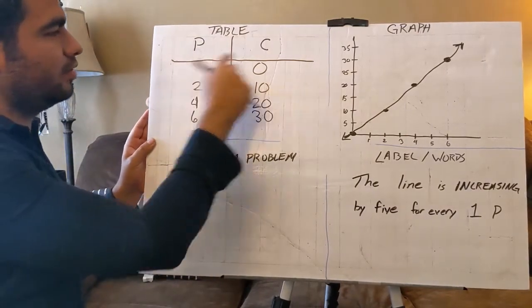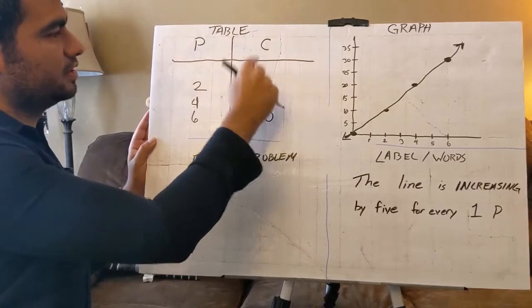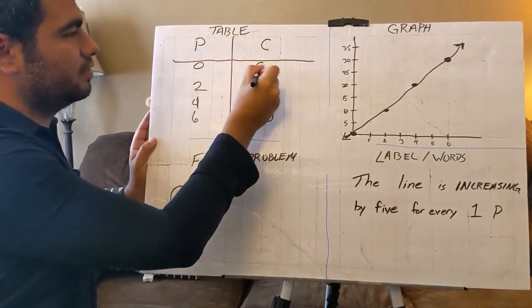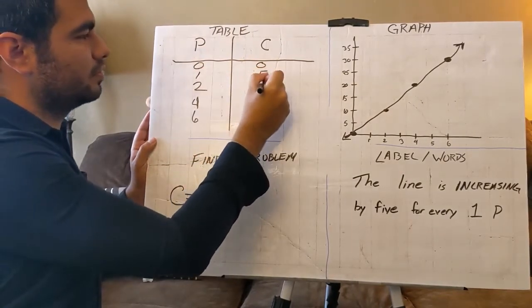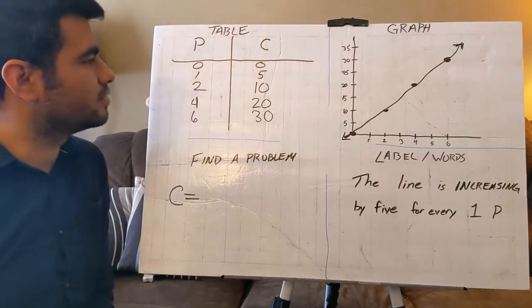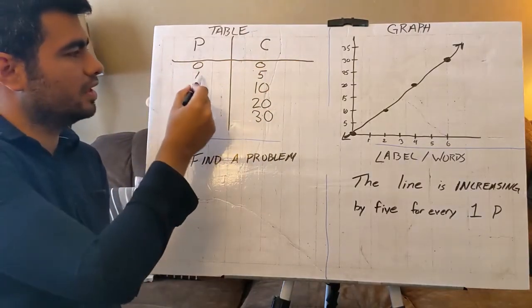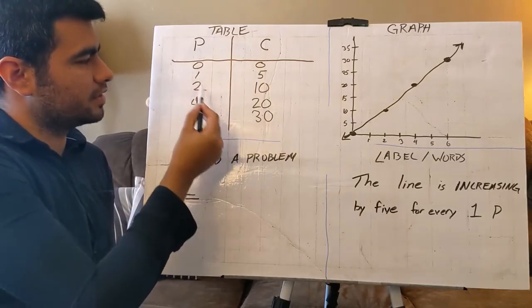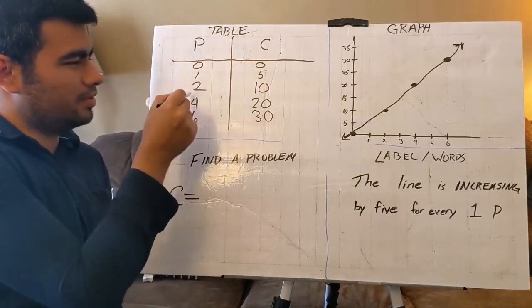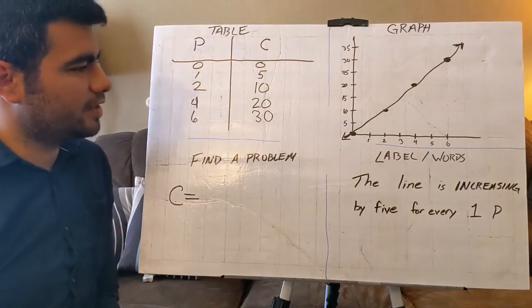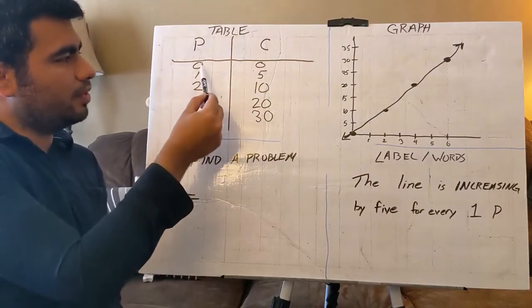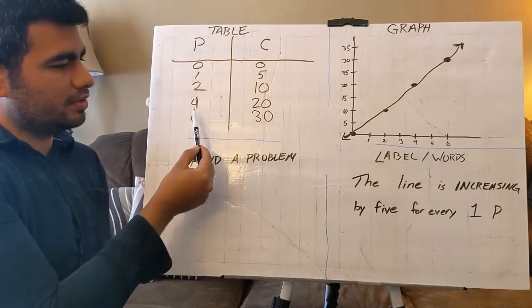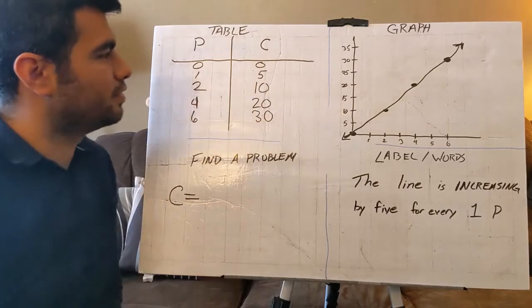You don't have to rewrite anything, but this is just so I can express what I'm thinking. In between here, I have 1 and 5. Then I got 2 and 10. Well, 3 is probably matched up with 15. So for every 1 that I go up right here, it looks like I'm going up 5 over here.